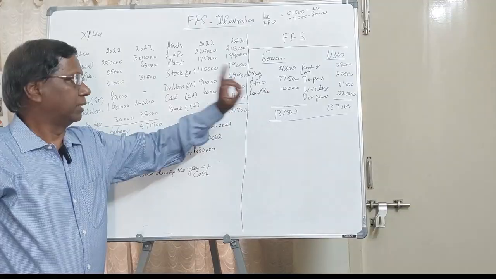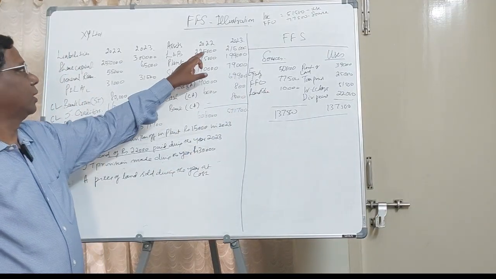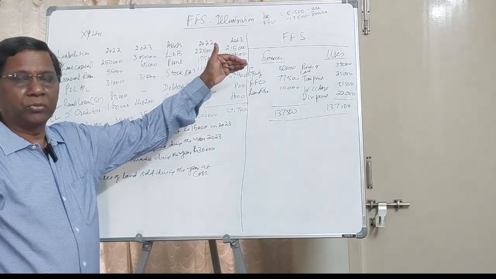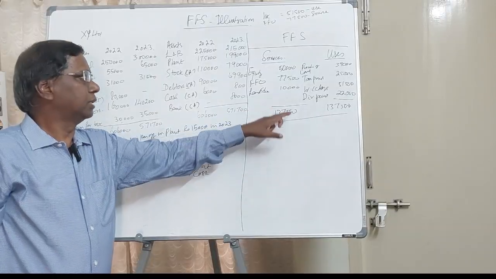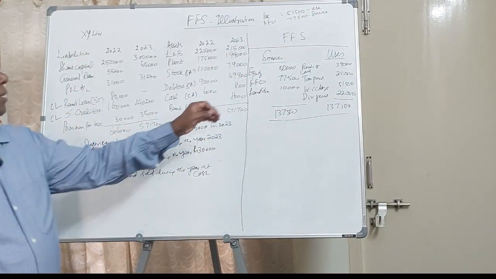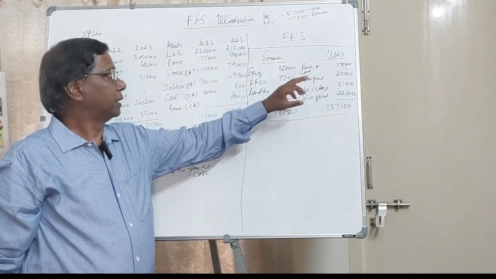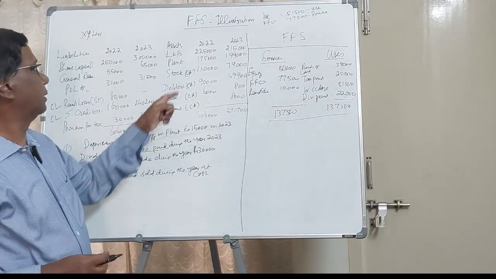This is a source. Land sale, already told you, a piece of land sold at cost. The land was 2,25,000 and 2,15,000. It has come down, so 10,000 value of land has been sold. So this is the one side, the source. How would they use it? Purchase of land. So already we have purchase of plant. Purchase of plant we already worked out.